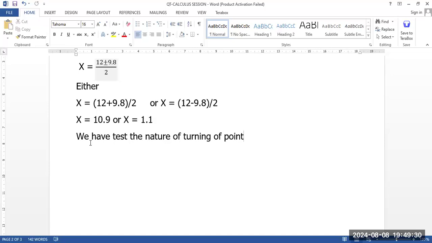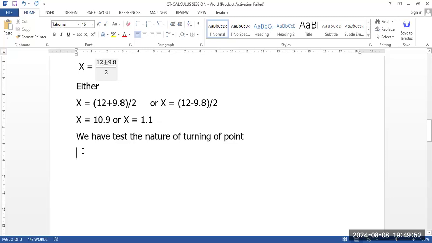Remember, when you're testing, you try to get the second derivative. You differentiate for the second time. Then at the end, to confirm whether one of your figures for X gives you a maximum or minimum, we use this criteria.